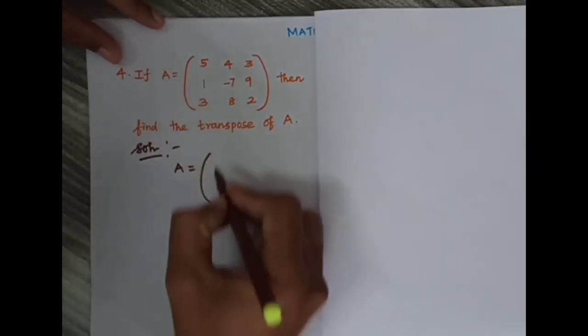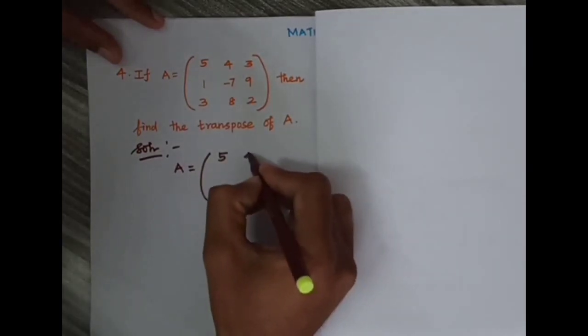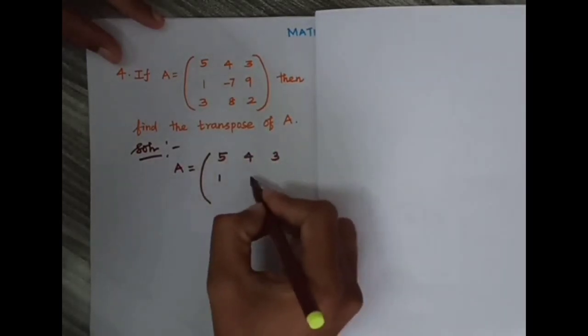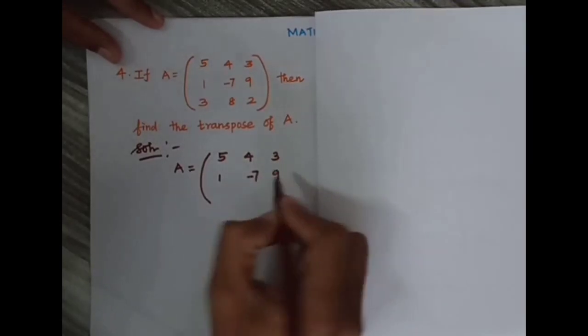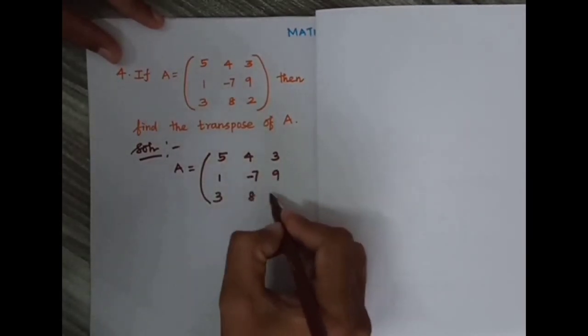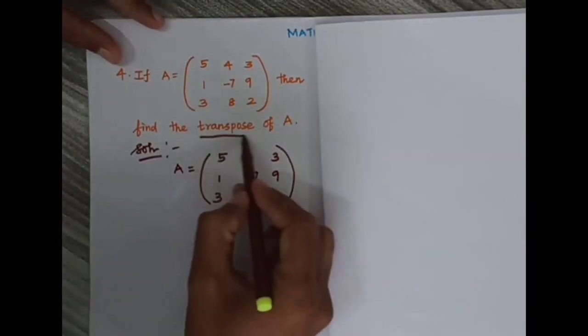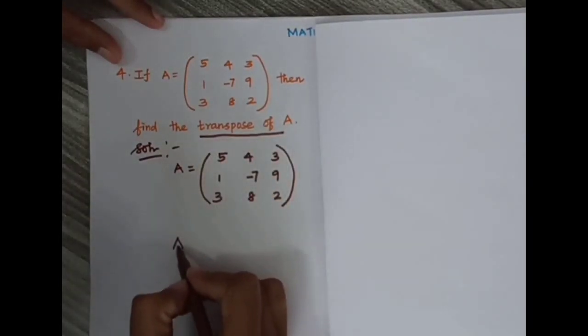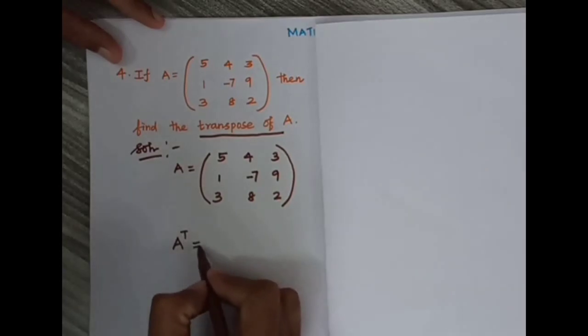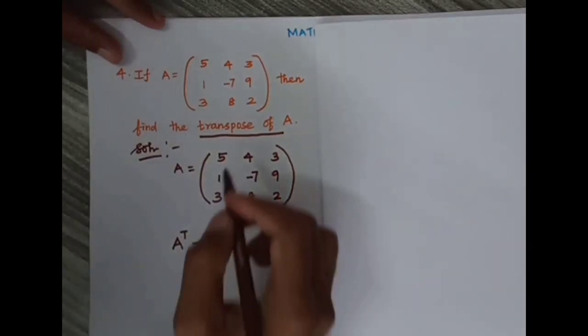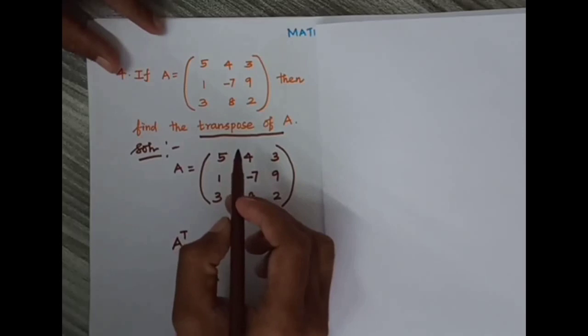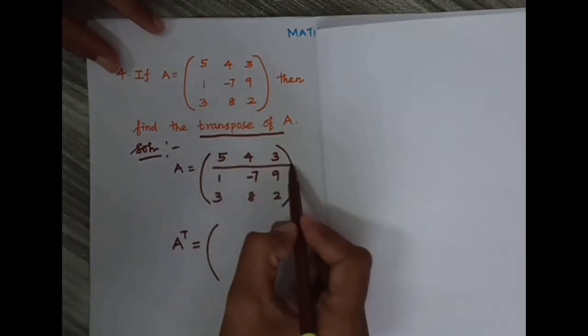Matrix A is 5, 4, 3, 1, minus 7, 9, 3, 8, 2. Here we have to find out transpose of A. So, A transpose. Transpose is nothing but just changing rows into columns.